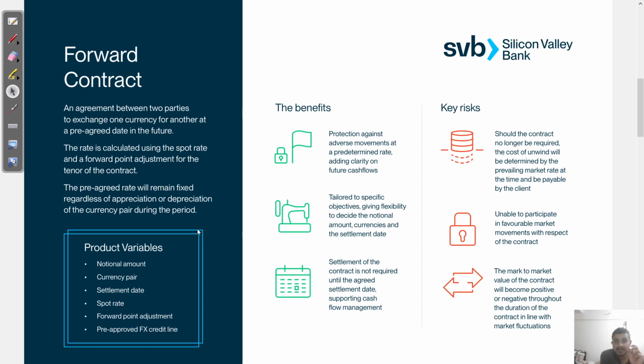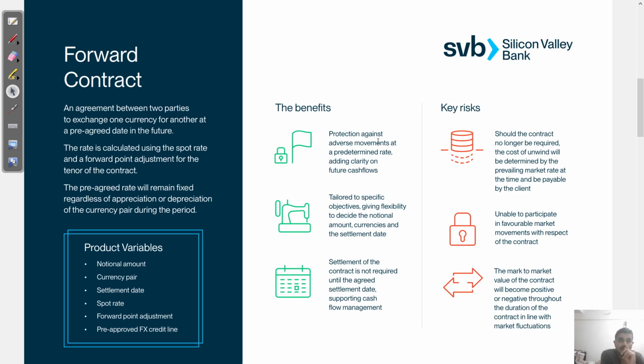Then we have a currency pair. A currency pair could be anything: USD INR, GBP INR, and so on. Settlement date is the date at which, as I said, the forward contract would be settled among counterparties. The spot rate is today's rate. So for the same currency pair, what is today's spot rate? For example, today's spot rate of USD INR is 82.7.